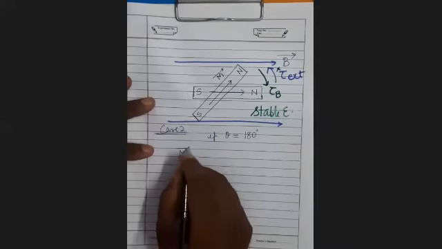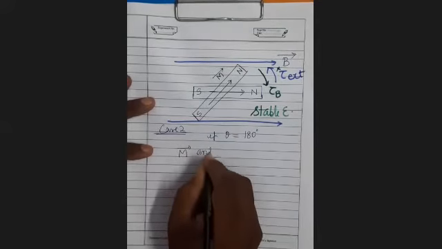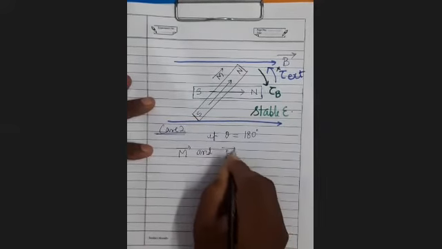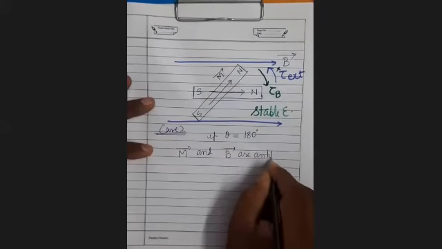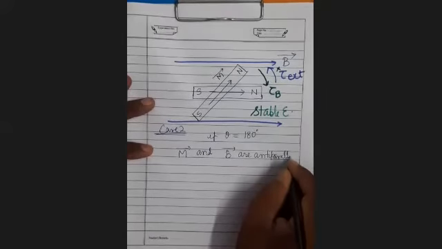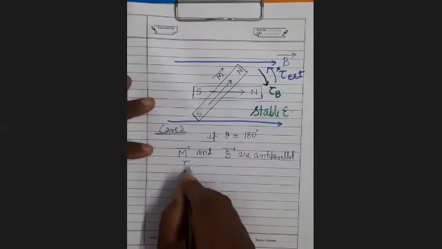Vector M and vector B anti-parallel. What will be tau?